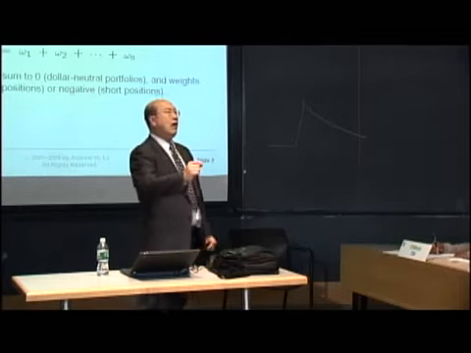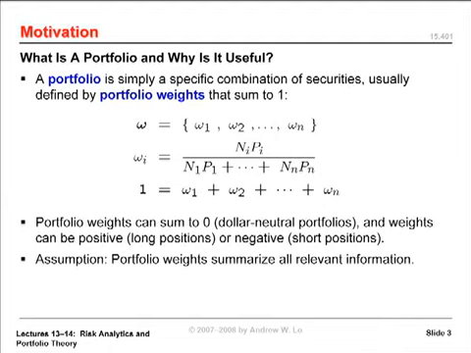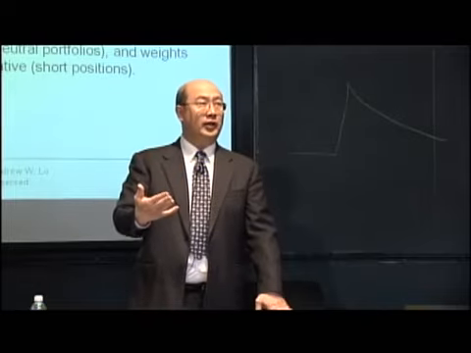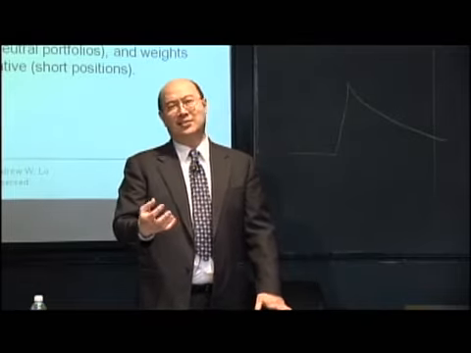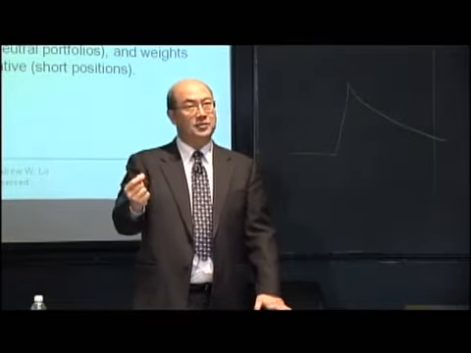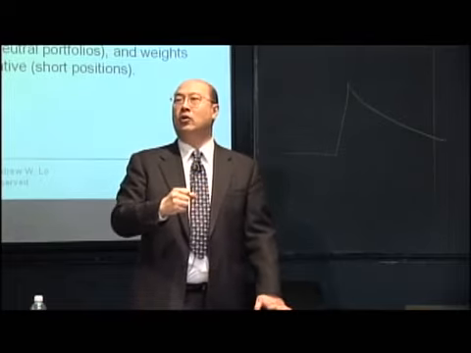All right. Now, there's a case that I'm not going to talk about in this class where the weights can actually sum to 0. I don't want to talk about that because that's a much more complex situation where basically you have a portfolio with no money down. This is sort of like the arbitrage portfolios that I described to you in earlier settings.